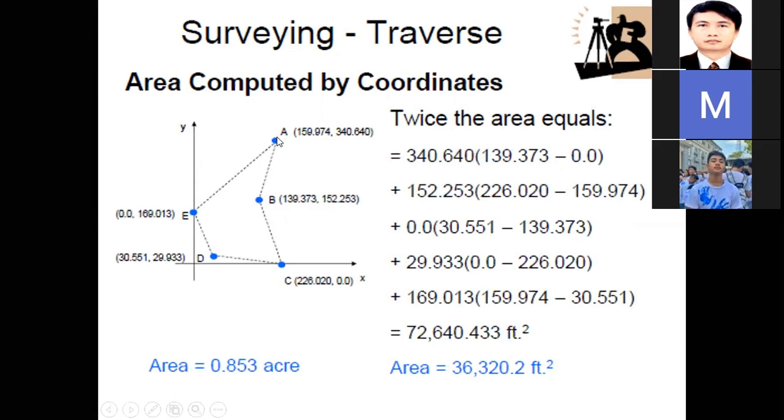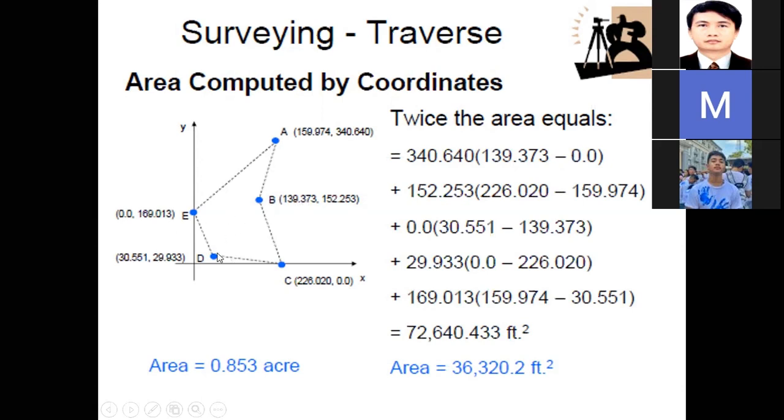Plus, the next point, point B. Its y component is 152, multiplied by x next, 226.02, minus x previous, 159.974. Then plus the y component of point C, which is 0, times x next minus x previous.